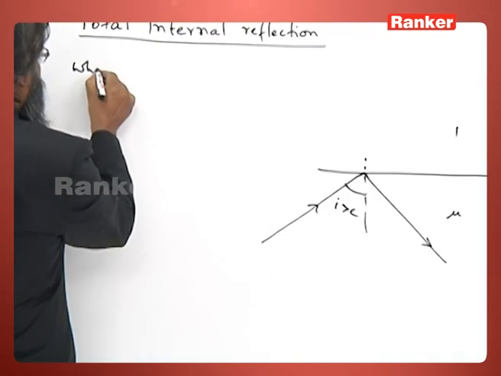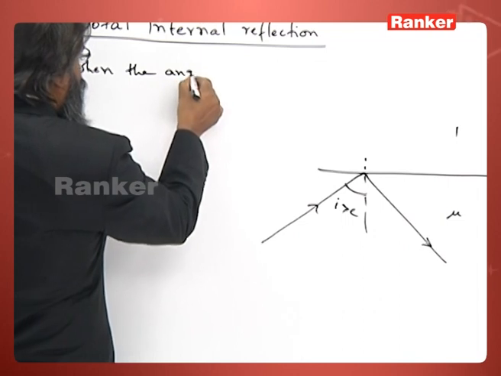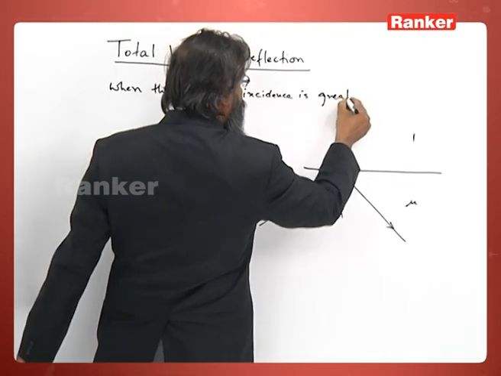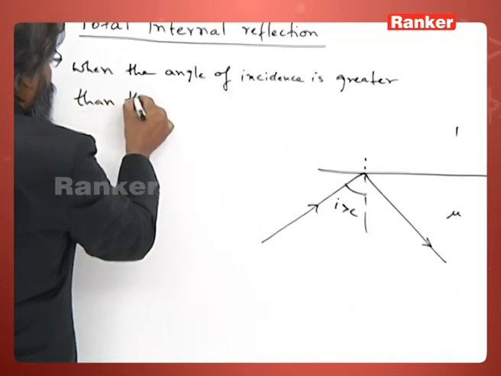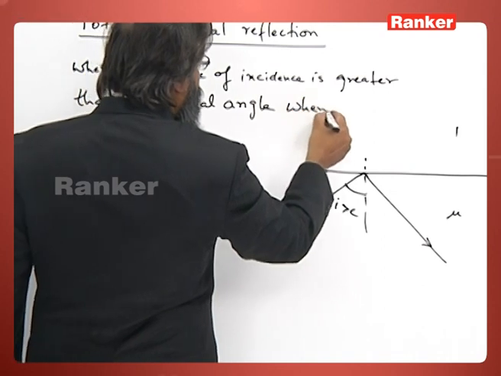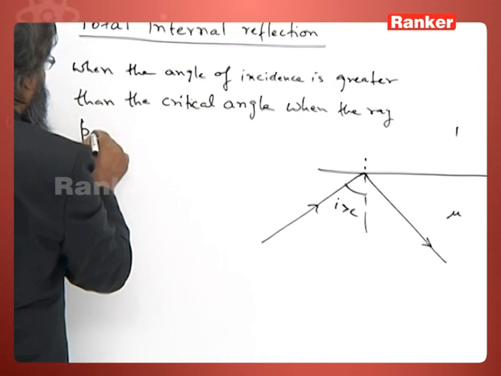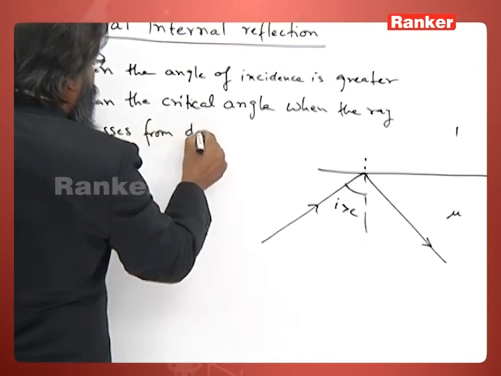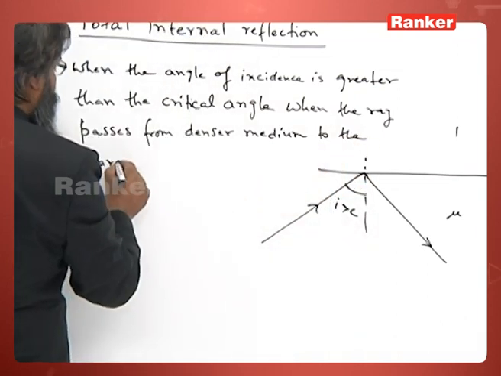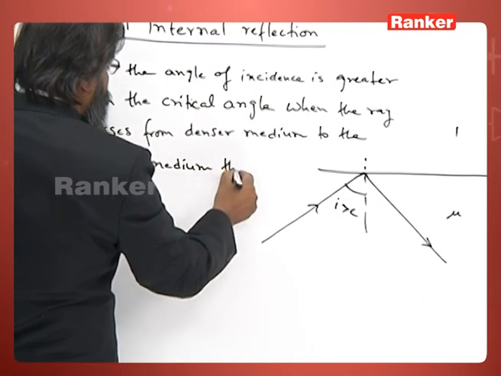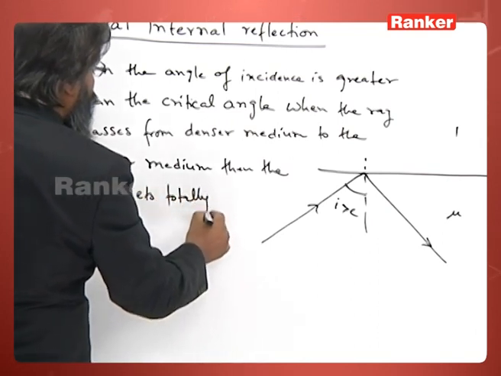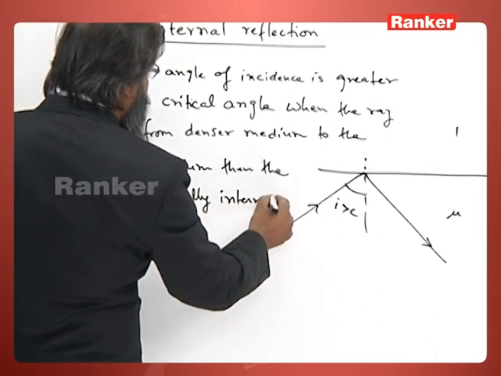So when the angle of incidence is greater than the critical angle, when the ray passes from the denser medium to the rarer medium, then the ray gets totally internally reflected.